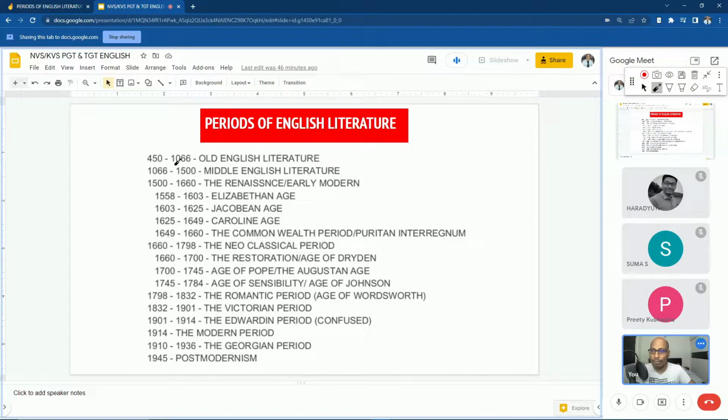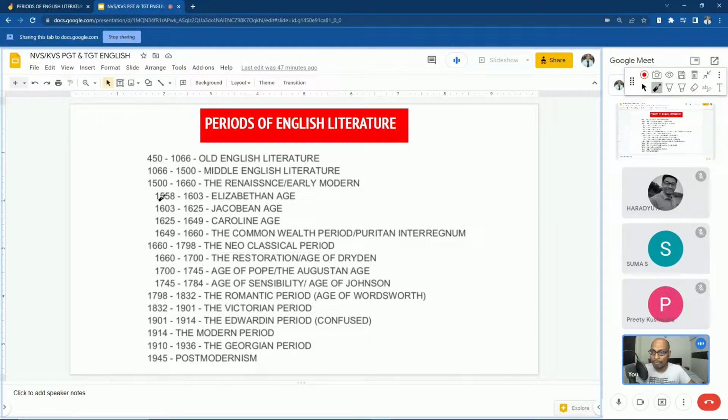450 AD to 1066 is known as Old English literature. Then 1066 to 1500 is Middle English literature. Then from 1500 to 1660 is the Renaissance, also known as the Early Modern period of English literature. This Renaissance or early modern period is subdivided into four different ages.